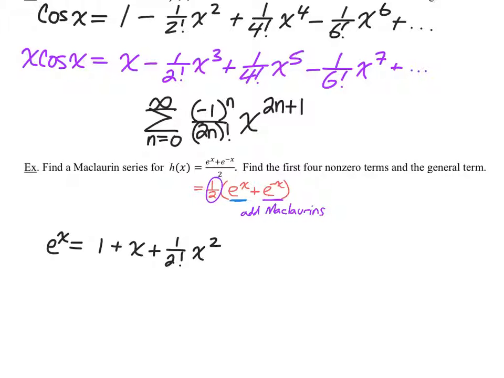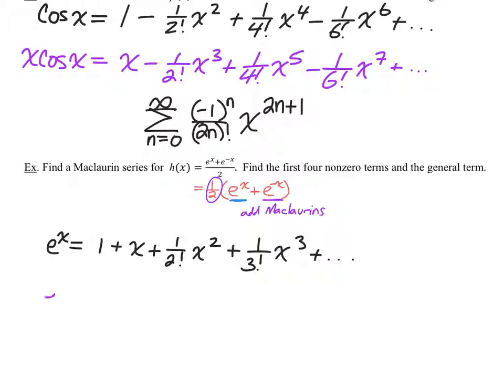You could write the 1/2, but eventually you're going to have to write an expression that involves factorial, so you might as well just leave it. Plus 1 over 3 factorial x cubed. I got 4 terms, satisfying the requirement of the problem.